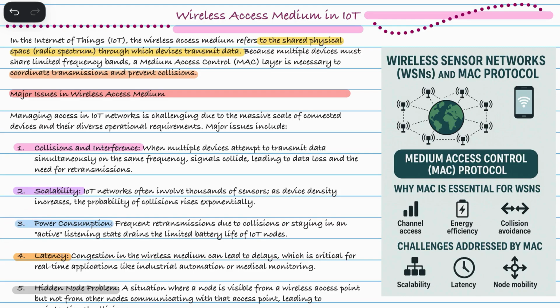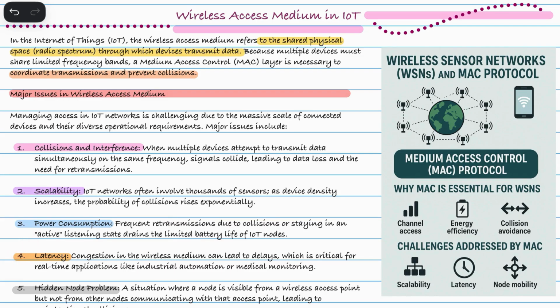For an IoT node, nothing drains a battery faster than talking. So if a node is forced to constantly resend its data because of collision, or if it has to stay awake in an active listening state, just waiting for an opening in the airways, its battery will die in weeks instead of lasting years, right?